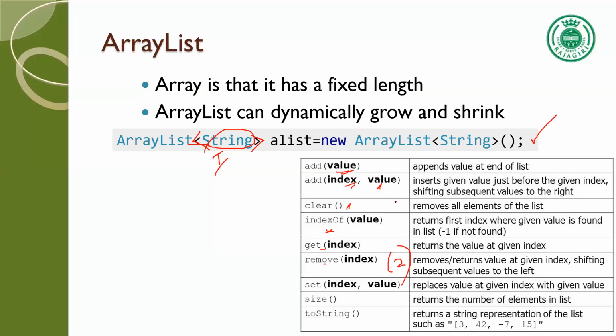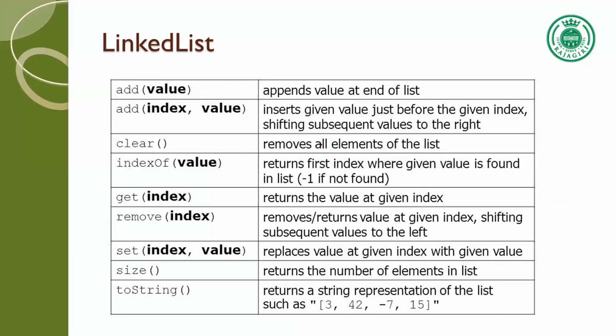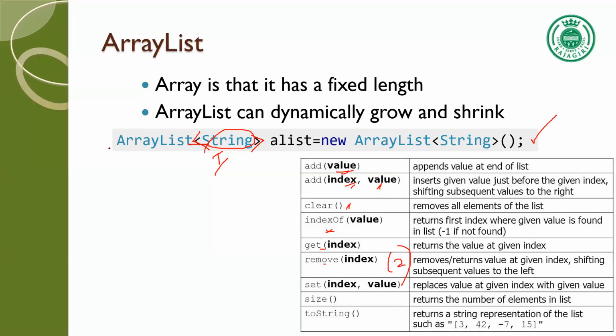We will even talk about something called the linked list. Creation of arrays, linked lists, trees, hash sets. I think you have done it in your CPP, and things were very, very difficult. In Java, it is very, very easy because you have the collection framework for that. Creating a linked list is very easy. To create the linked list, you will follow the same format: LinkedList equal to new LinkedList.